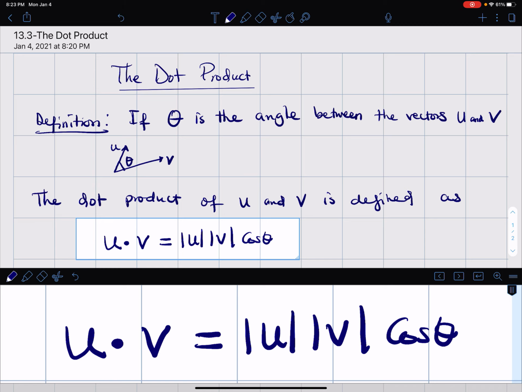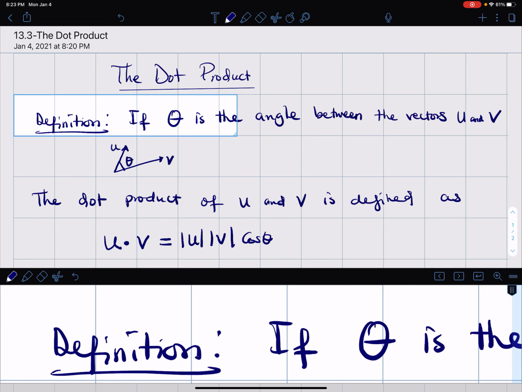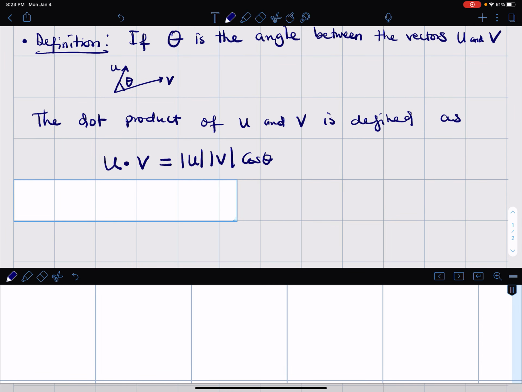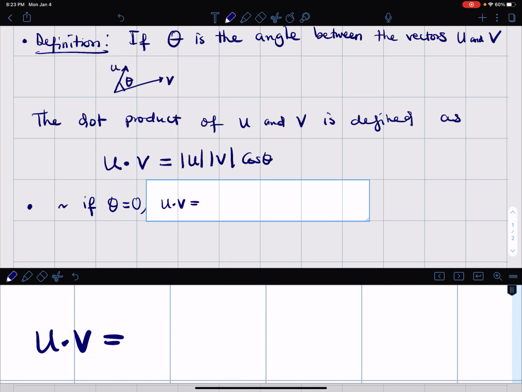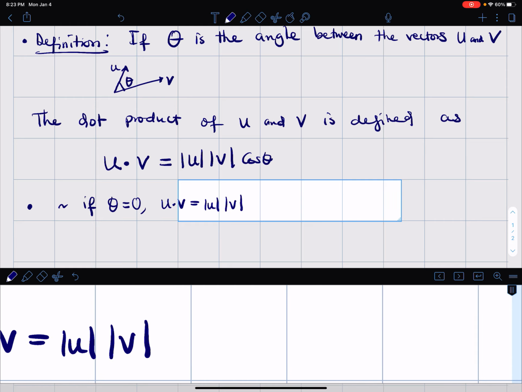All right? So let's look at different cases. Let's assume that theta is equal to 0. If this is the case, then u dot v is just equal to the magnitude of u times the magnitude of v times cosine of 0, right?